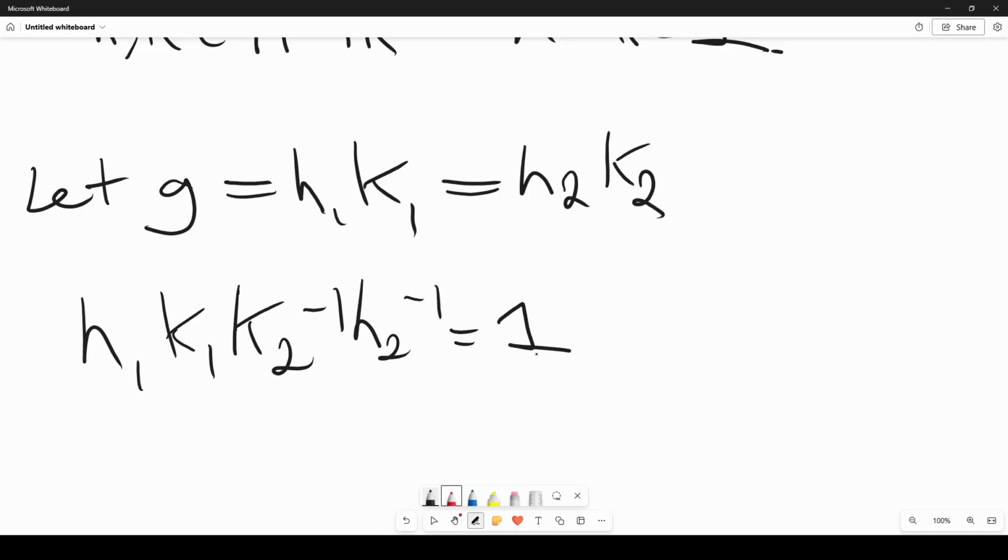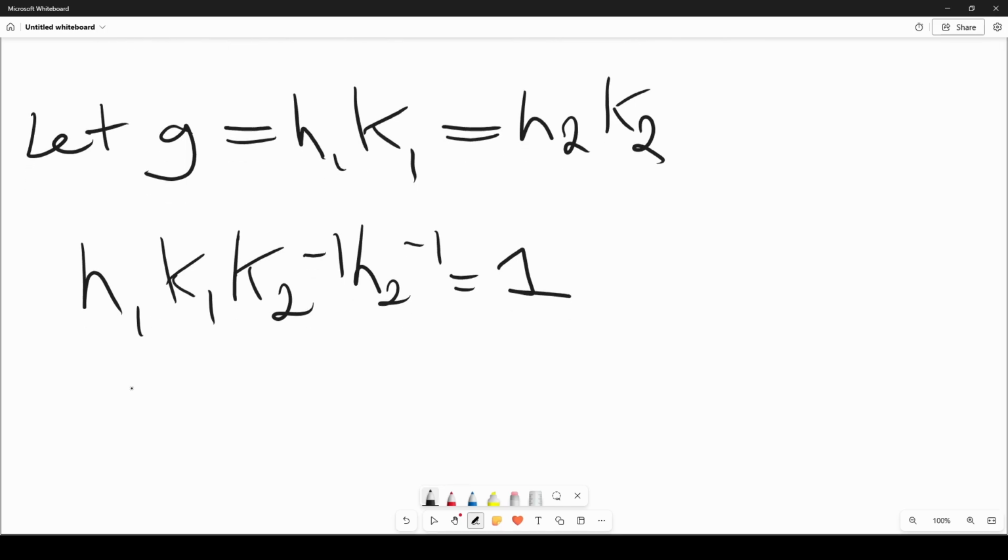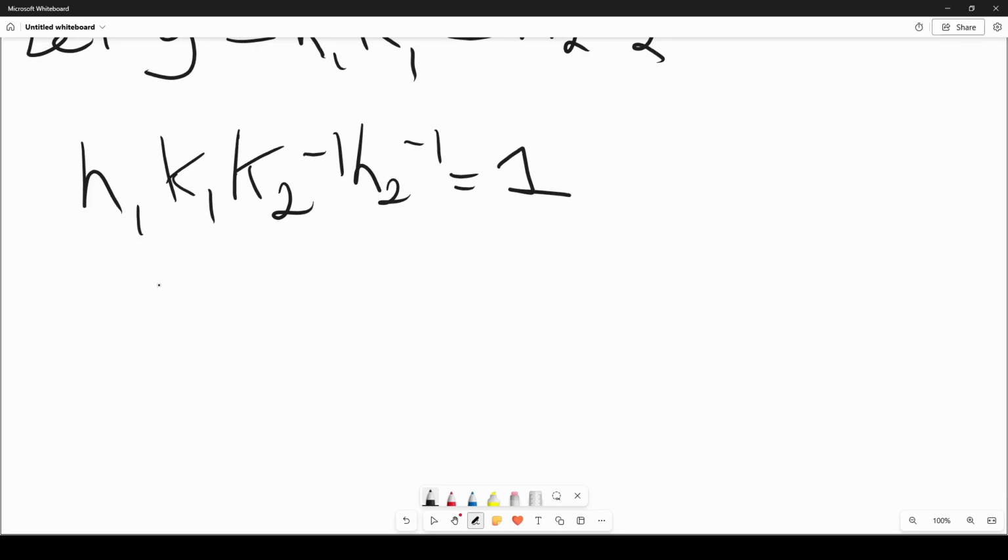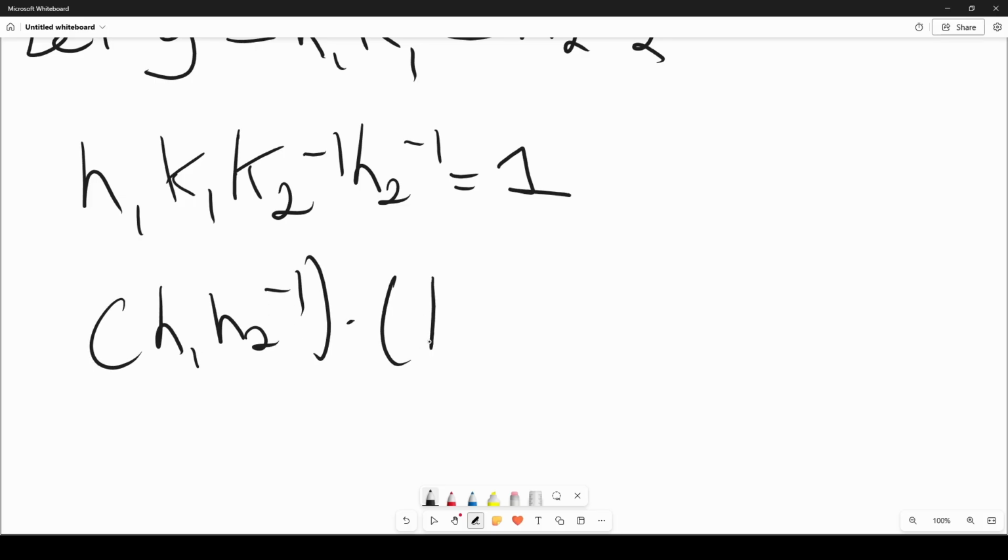Well, since H and K are normal and their intersection is just the identity, we proved in the previous theorem that they commute with one another. So I'm going to swap these elements around until I get h1 h2 inverse times k1 k2 inverse is the identity.